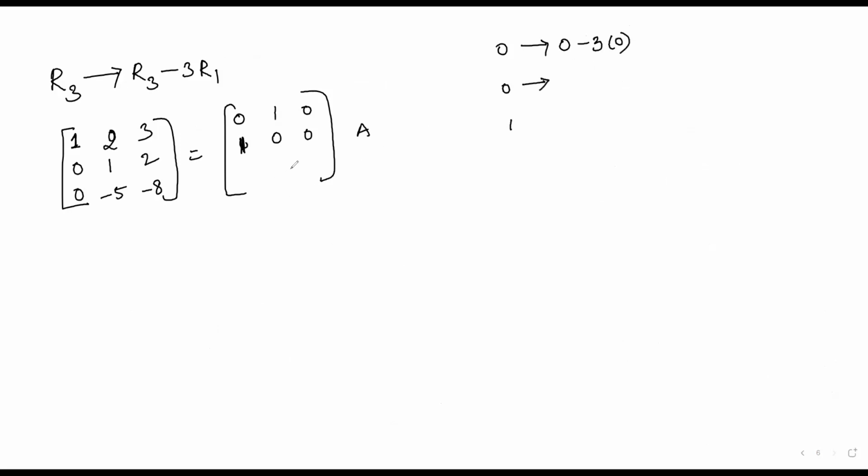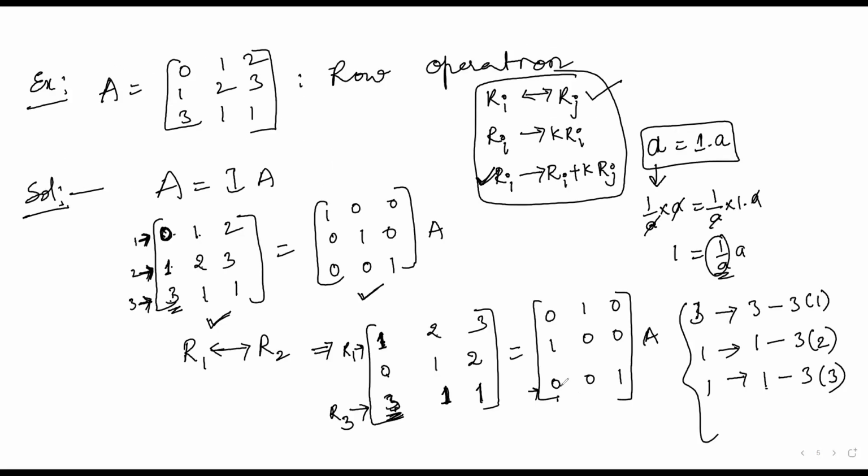Again, the next 0 becomes 0 minus 3 times 1. Now 1 becomes 1 minus 3 times 0. Yes or no? You see here: 0 minus 3 times 0, 0 minus 3 times 1, 1 minus 3 times 0. That's what R3 is, and this is R1.